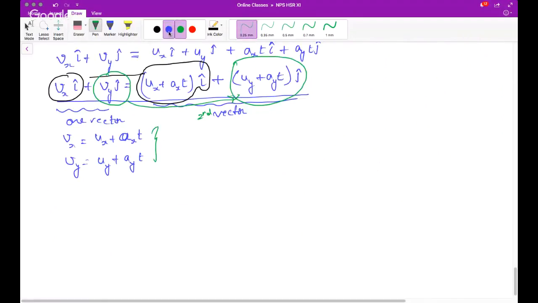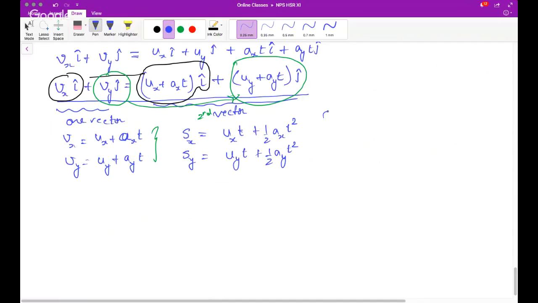So let me explain. sx will be equal to ux t plus half ax t square, and sy will be equal to uy t plus half ay t square.